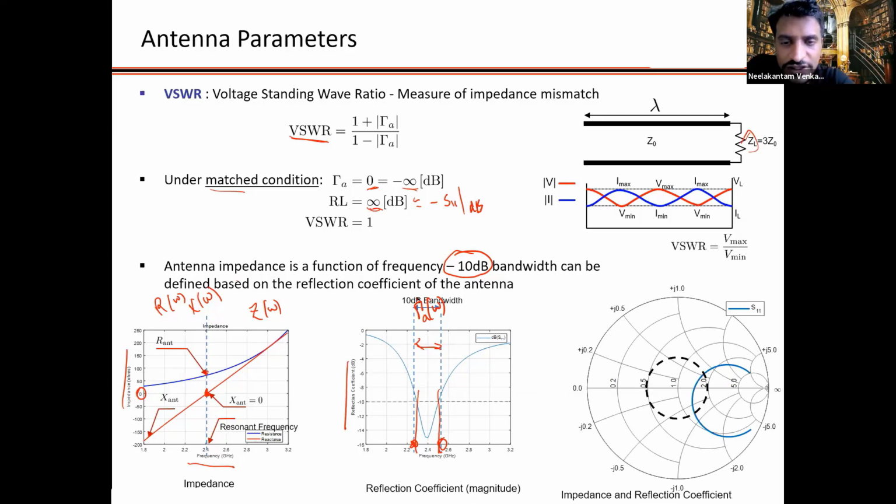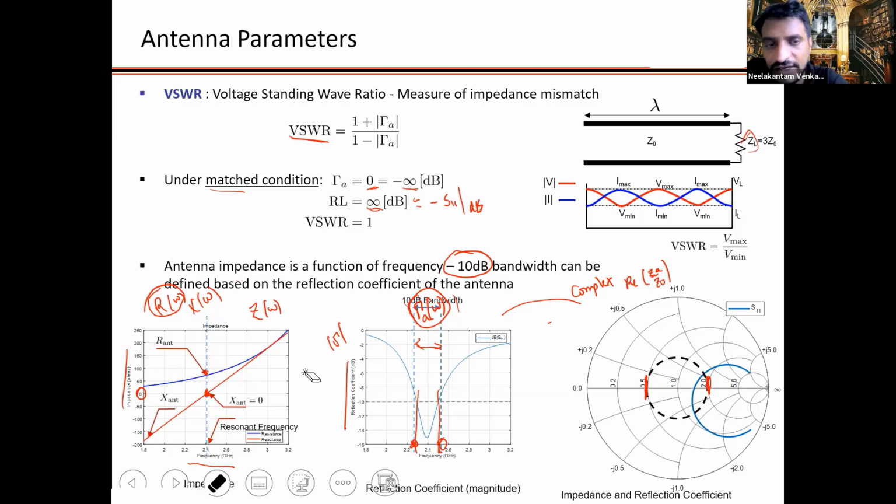So we know that the reflection coefficient, this is the magnitude of the reflection coefficient. If you were to plot it in the complex form, we can get the Smith chart. We not only get the magnitude but also the phase. The real part of the antenna impedance, Z antenna, if I divide it by Z0, then I'm normalizing it.